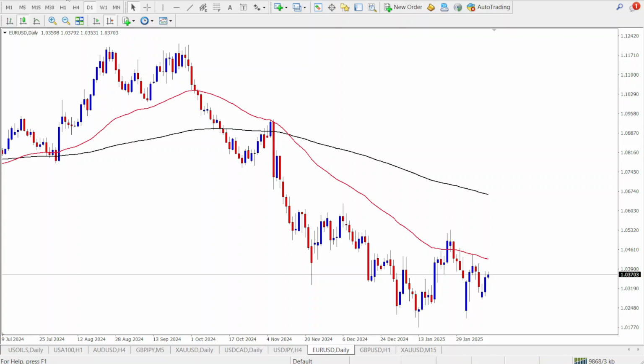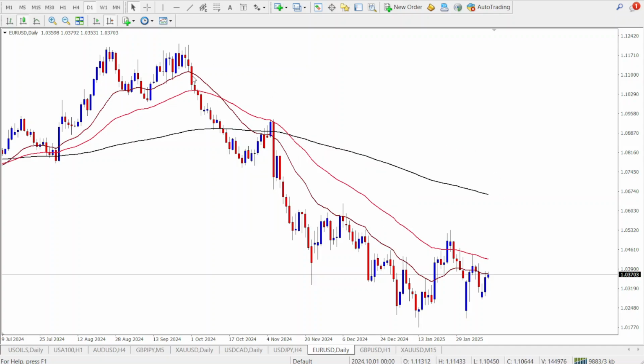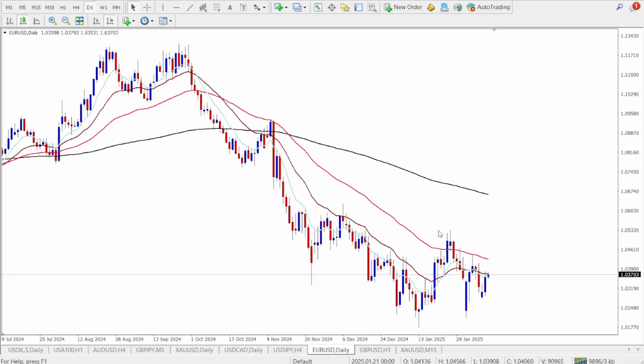Another commonly used EMA is the 21 period EMA, and the 9 period EMA is also popular. The 9 EMA and the 21 EMA are usually used for short-term price action signals.